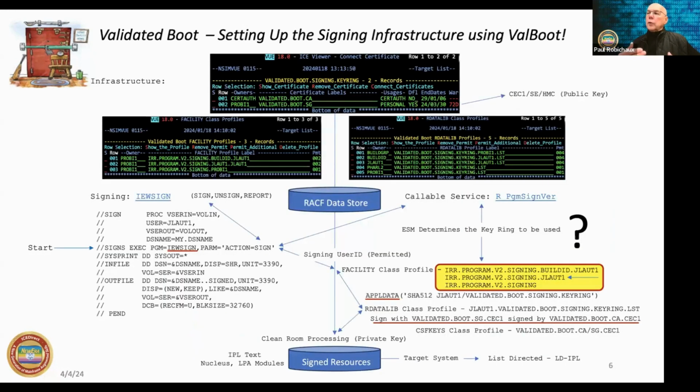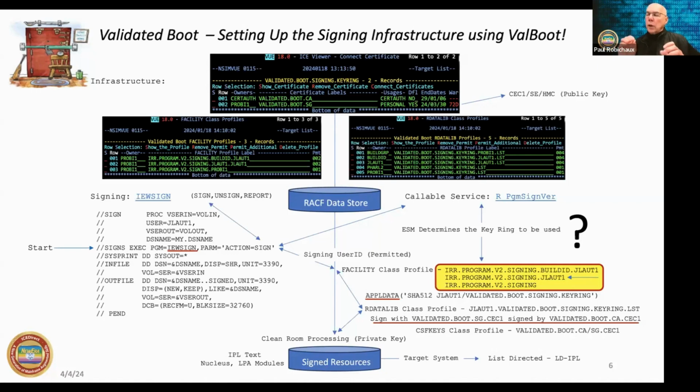The goal, of course, is to build the infrastructure itself. And you can see that in the upper part of this diagram with a couple of examples of certificates and RDataLib and facility class profile content being displayed in 3270 screens. Even at that point, that is, once we've built all that structure, the question is will it work?